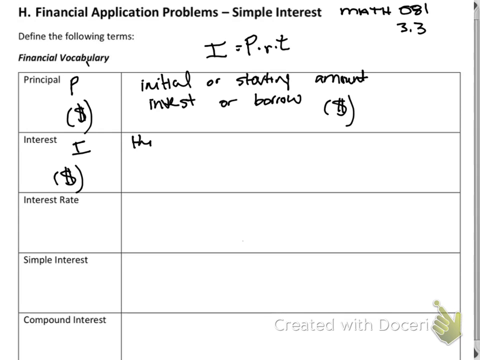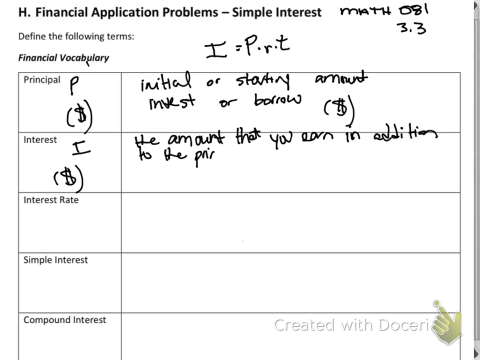This is the amount that you earn in addition to the principal, again assuming that you're investing it.